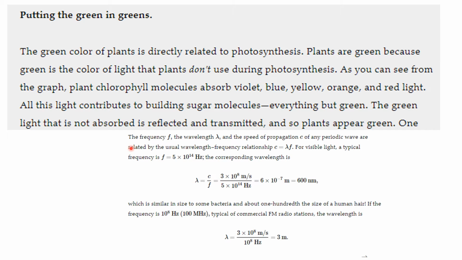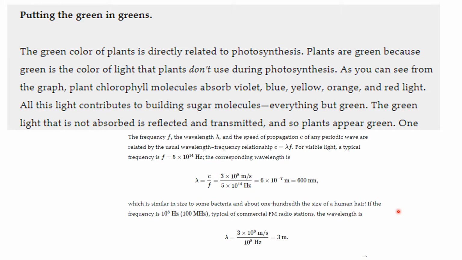The frequency or wavelength then is lambda is equal to c over f from that. So if we wanted to think about visible light, where a typical frequency is 5 times 10 to the 14th hertz, the corresponding wavelength is, we take the quotient of the two, there's the speed of light, there is the frequency, and we get 6 times 10 to the minus 7 meters, and that can be changed to nanometers, and that's 600 nanometers.